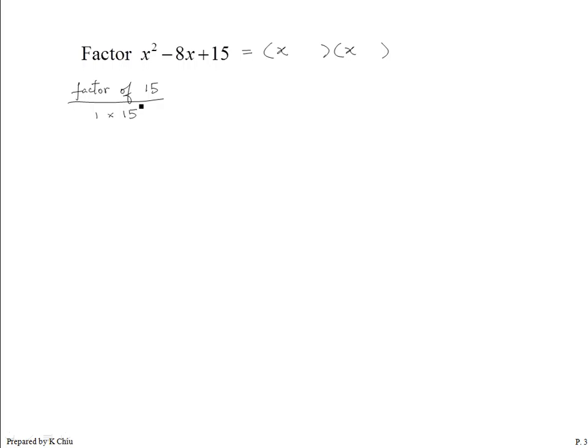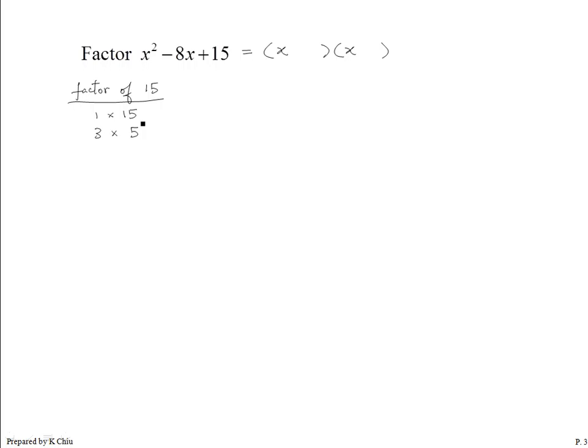Can 2 go into 15? No. Can 3 go into 15? Yes. 3 times what? 3 times 5. And then I should try 4. Can 4 go into 15? No. Can 5 go into 15? Yes, but I already have 5. So once I reach the other side, I'm done.